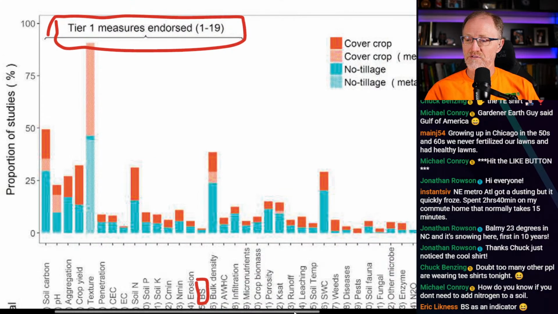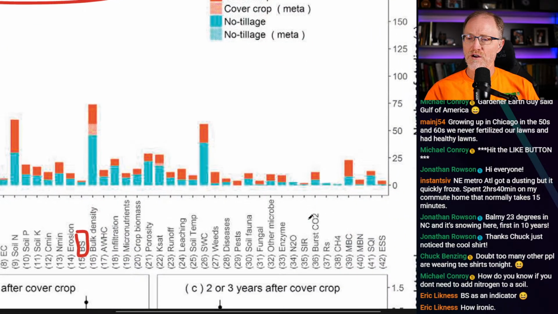It could be incorrect. But other ones are things like KSAT. KSAT is far more valuable to me and to you than BS. And it's not a tier one indicator. KSAT gives us a number on the percolation of water through the soil, saturated hydraulic conductivity, immensely important.